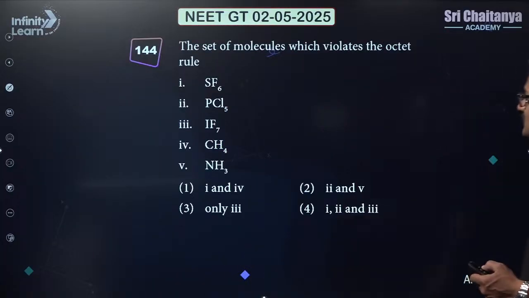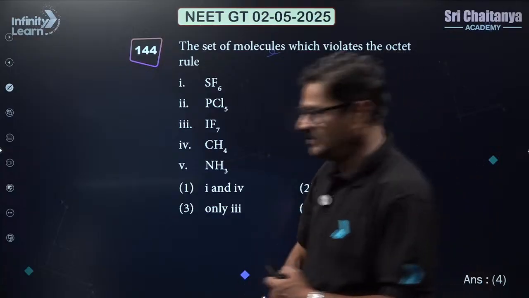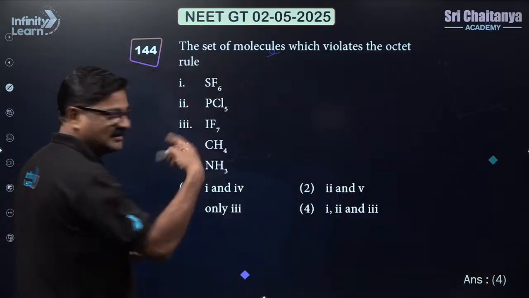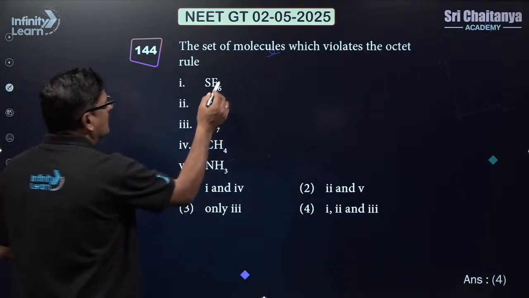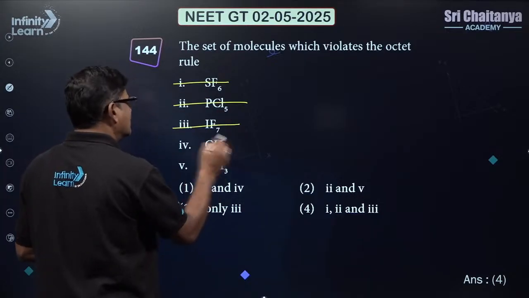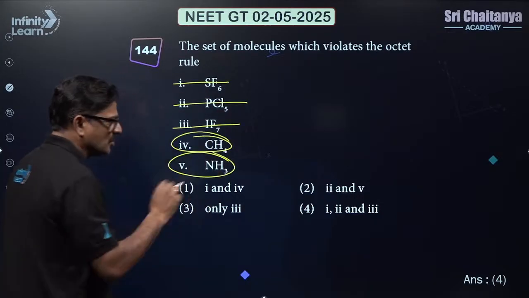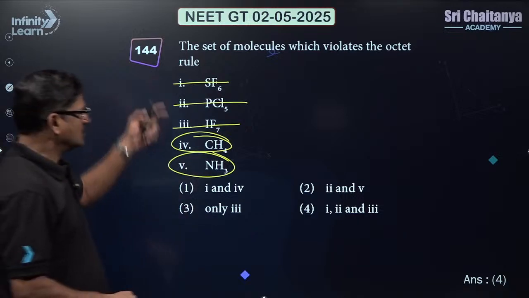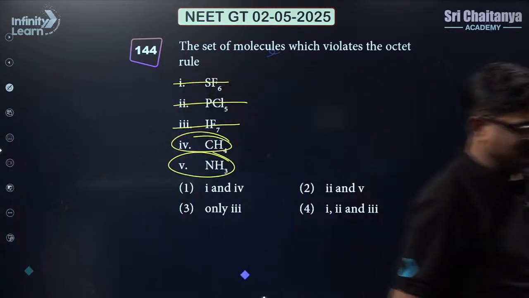Now, the set of molecules that violates the octet. Third period elements violate the octet, and more than that. So, violate octet, violate octet. This one is not violating octet. So the answer is going to be 1, 2, 3.